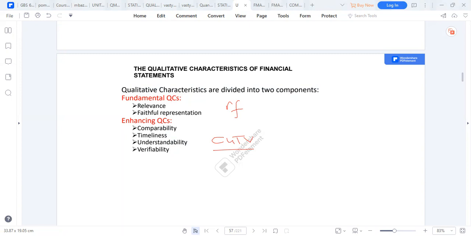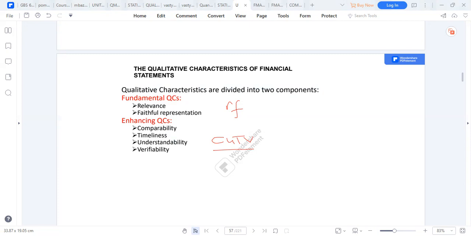The information must be relevant, meaning it should influence an economic decision of the users by providing them with present, past, and future events, informing them correctly of these events and their evaluations. We also have faithful representation, which looks at how the information depicts a faithful report of a phenomenon, which should be complete, neutral, and free from error.